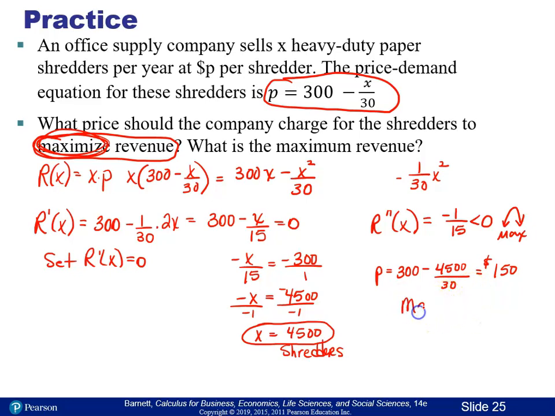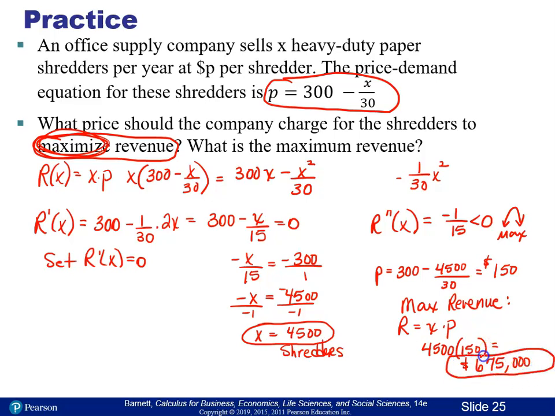So our maximum revenue itself, our revenue is x times p. We want to sell 4,500 shredders and we want to sell them for $150 a piece. And so we're going to generate $675,000 as our maximum revenue.